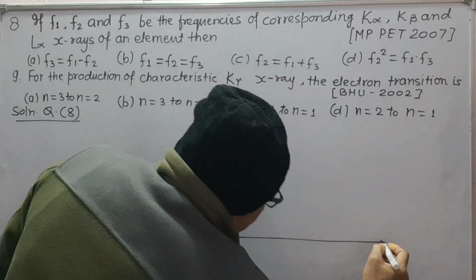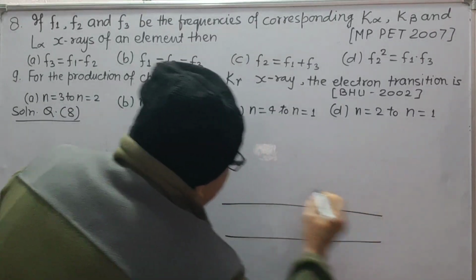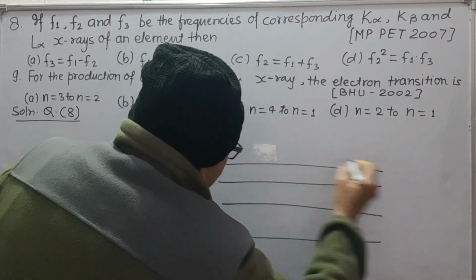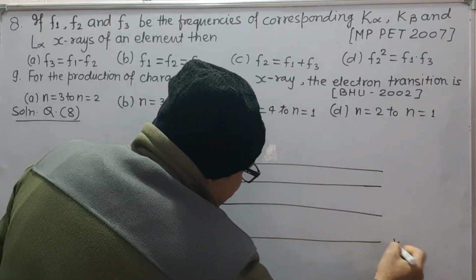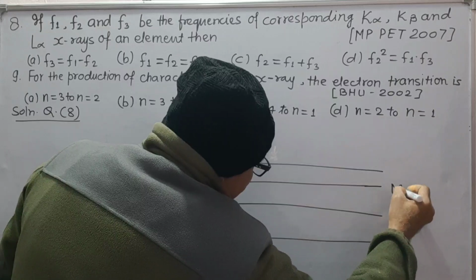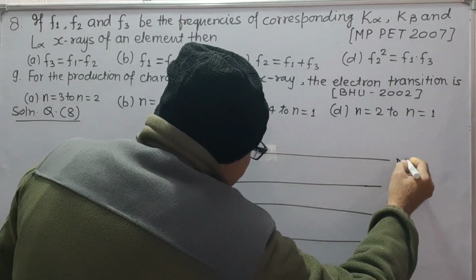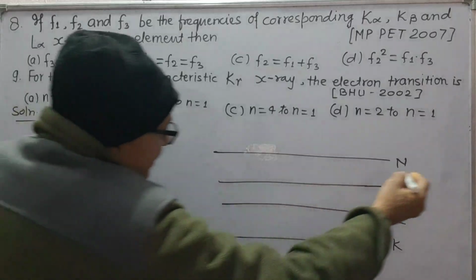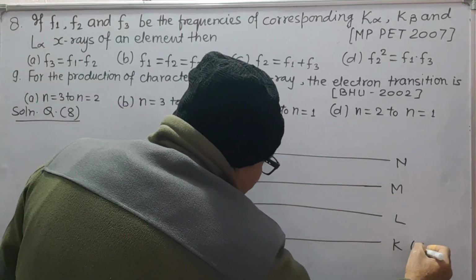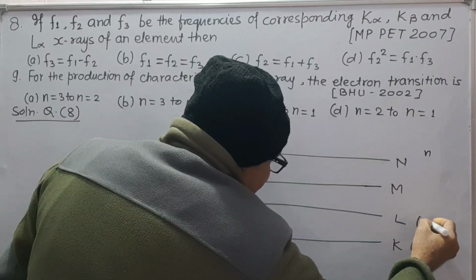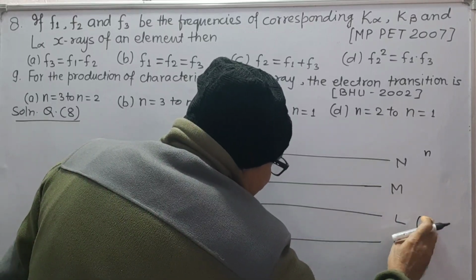Suppose these are the K, L, M, N series, that is K is equal to 1, L is equal to 2.